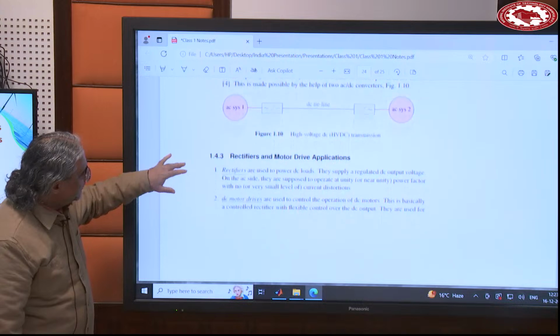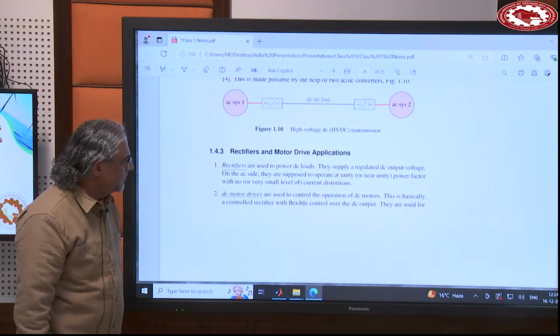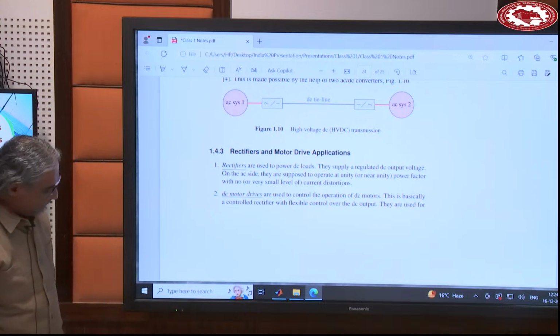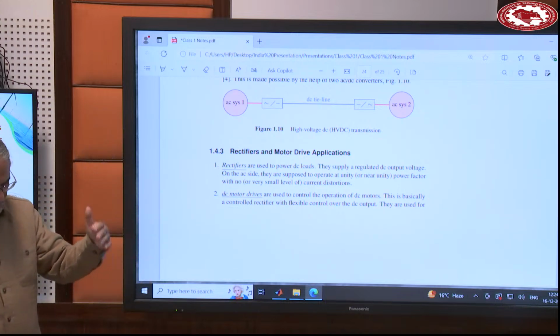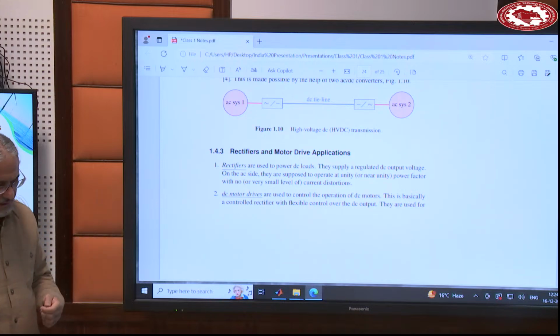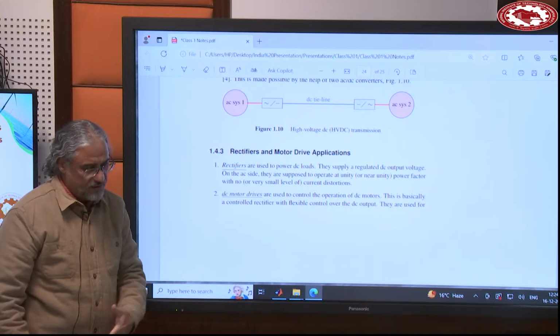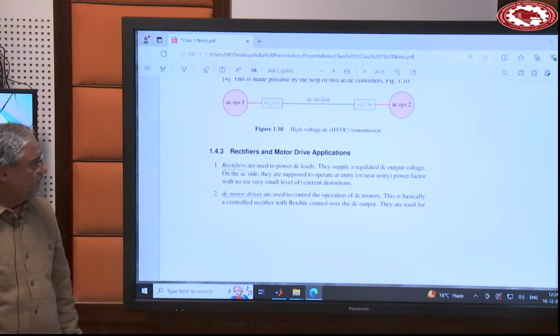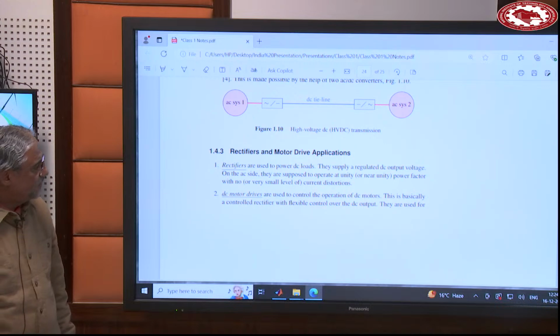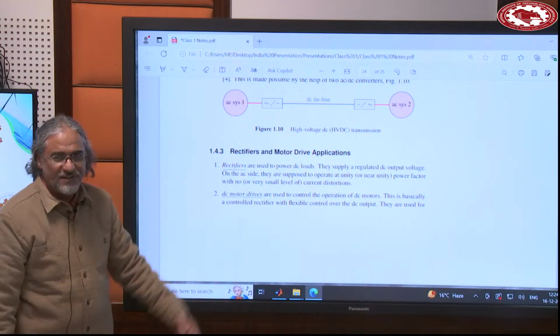And now rectifiers and motor drive applications. Here is the case where you have an AC power supply already, and in the case of rectifiers, you have some DC loads connected to this AC power system. Motor drives, if it's a DC motor, will be exactly the same thing here.